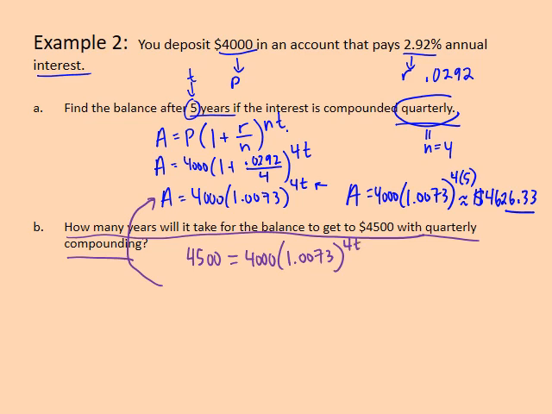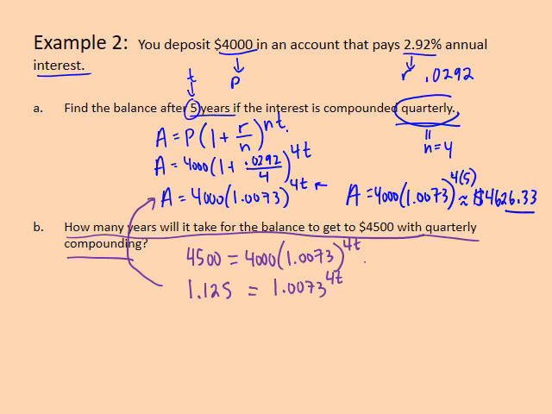To solve this, we need to isolate the exponent like all log problems. So we divide by 4,000 and we get 1.125, which is 125 thousandths, equals 1 and 73/10,000ths all to the 4t power.